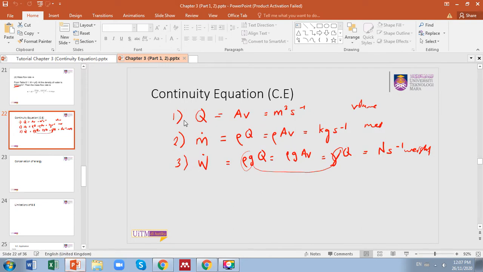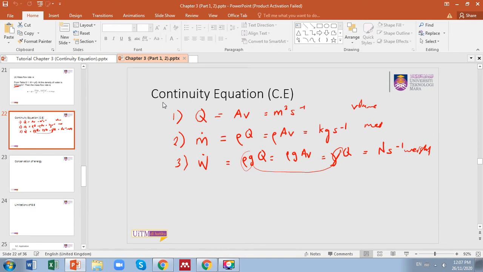Before we start, just a recap about the continuity equation. This is based on the conservation of mass, and you have three flow rates that we commonly ask about: volume flow rate, mass flow rate, and weight flow rate. I hope you already know this.